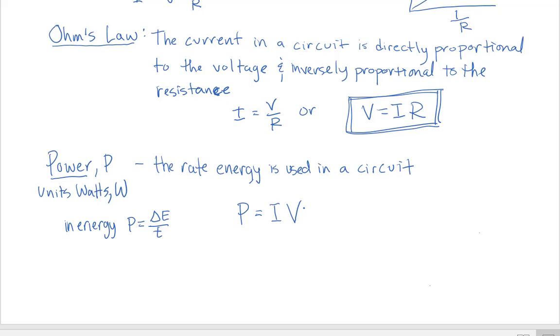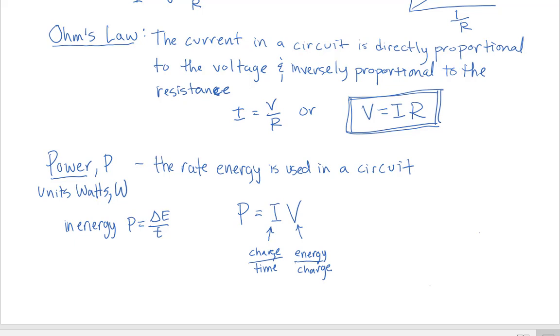But if you think about what the current and the voltage mean, the current is actually how much charge per time goes by a certain point, because it's how fast the charge is moving through the circuit, the flow of charge, how much charge per time. And then the voltage is the energy per charge that the charge will get from the voltage supply or the power supply or the battery.